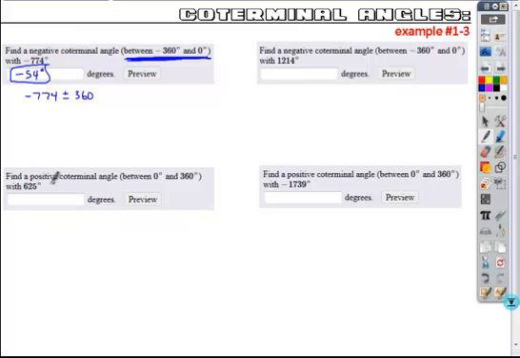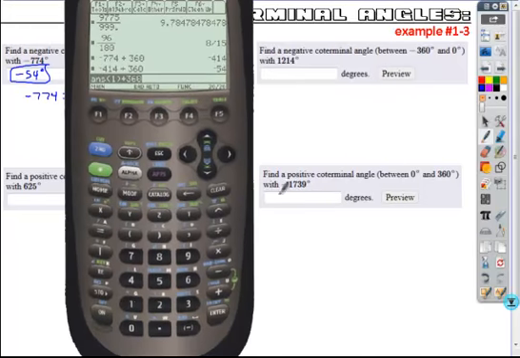All right. If you need a positive coterminal angle and it starts with a negative, again the same idea. Take negative 1739 and start adding multiples of 360.